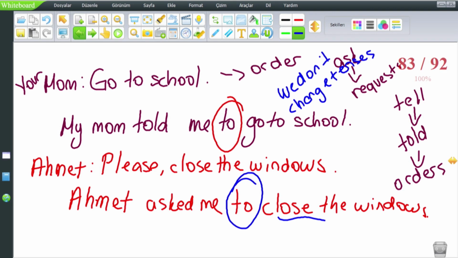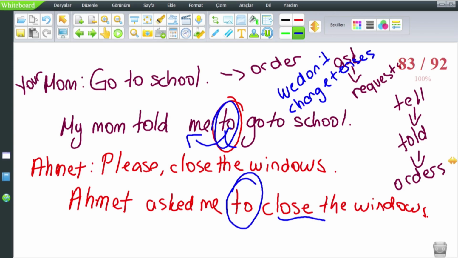Then we talked about requests and orders. Go to school, for example, this is an order sentence. We used to after who is being told to do that to give the meaning of an order or request sentence. And the important thing here with requests and orders in reported speech is we don't change the tenses. It is important.